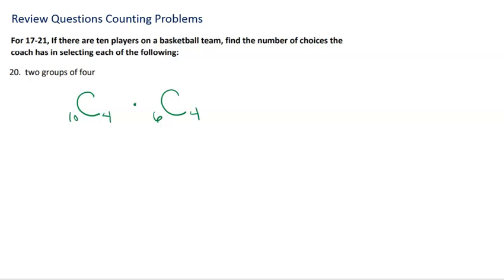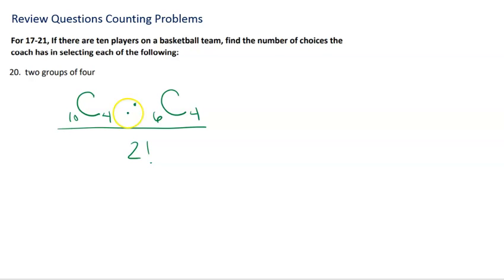So we're going to have to divide by the possibilities of the repetition. Does that make sense? Because in this group, it could be Aaron, Bill, Carly, and Deborah. And in this group, you could also have Aaron, Bill, Carly, and Deborah. And since that can happen because of these 2 groups, we're going to divide by 2 factorial.